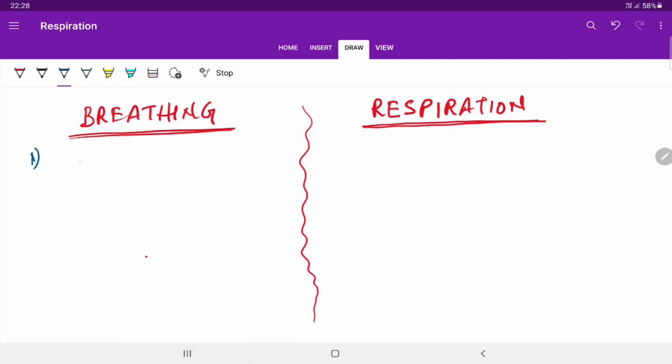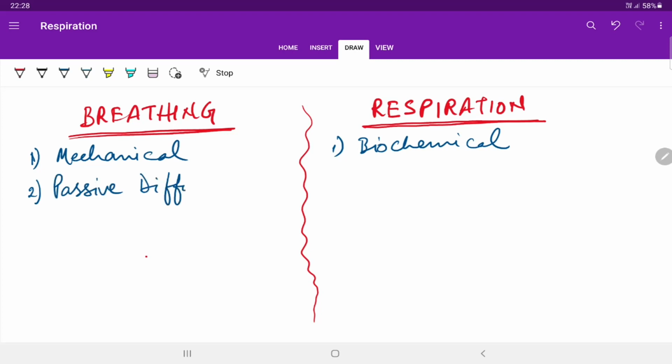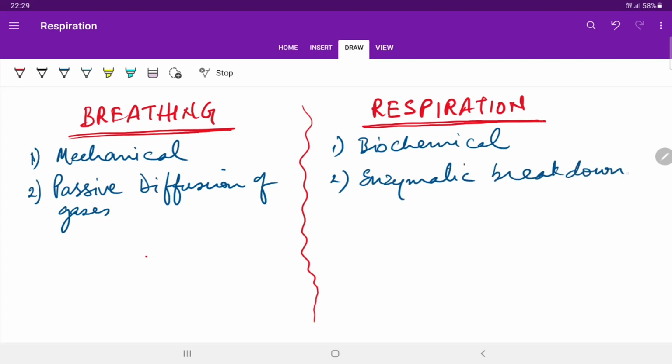Breathing is a mechanical process, whereas respiration is a biochemical process. Next, breathing involves passive diffusion of gases, whereas respiration involves enzymatic breakdown of glucose.